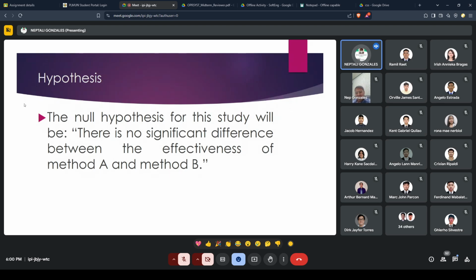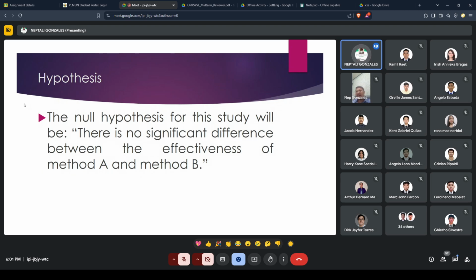So the null hypothesis for this study will be: there is no significant difference between the effectiveness of method A and method B. In the null hypothesis, always state that there is no significant difference given the two variables. The first variable is this method of teaching, and the second variable is this method of teaching.